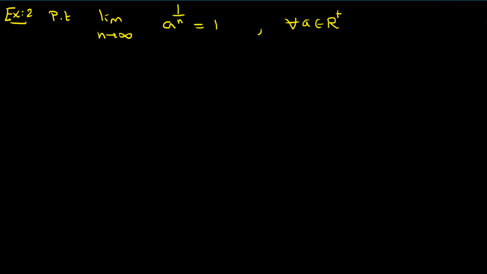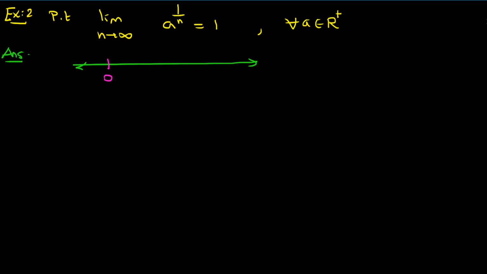Remember that here A is any positive real number. So on this number line, suppose this is 0, then A can be anywhere. One trivial thing you can see here is if I take A equal to 1, then 1 raised to 1 upon n is 1. So it becomes a constant sequence. So you can rule out that separately.